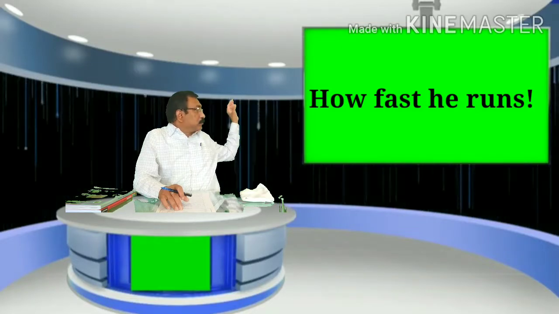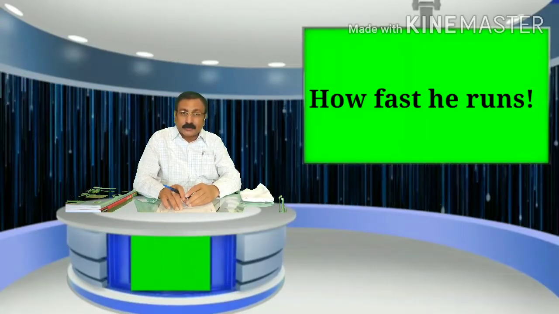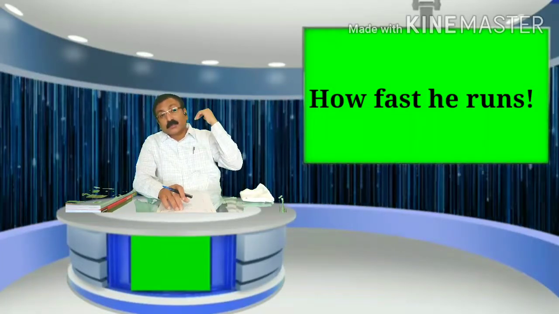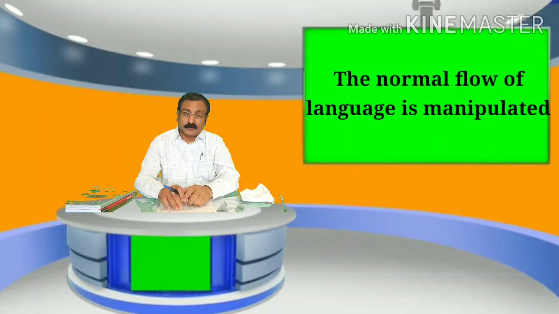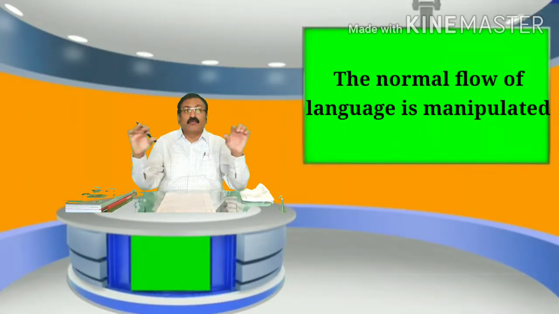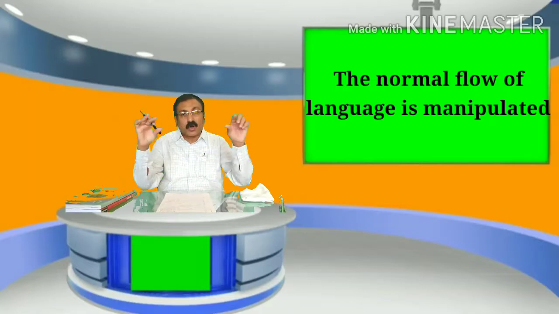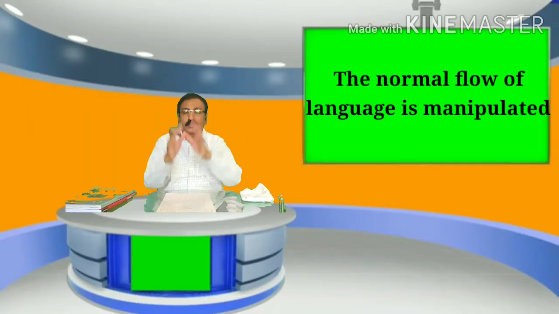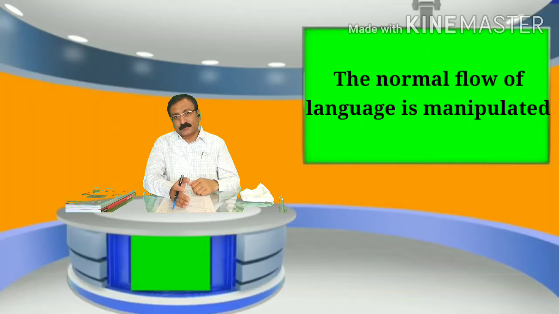It begins with the WH word "how," and this "how" is followed by the adverb "fast," followed by the subject "he," and then we have the verb "runs." So when the normal order of the words in the sentence is changed, is reversed, in that case we have the figure of speech inversion.